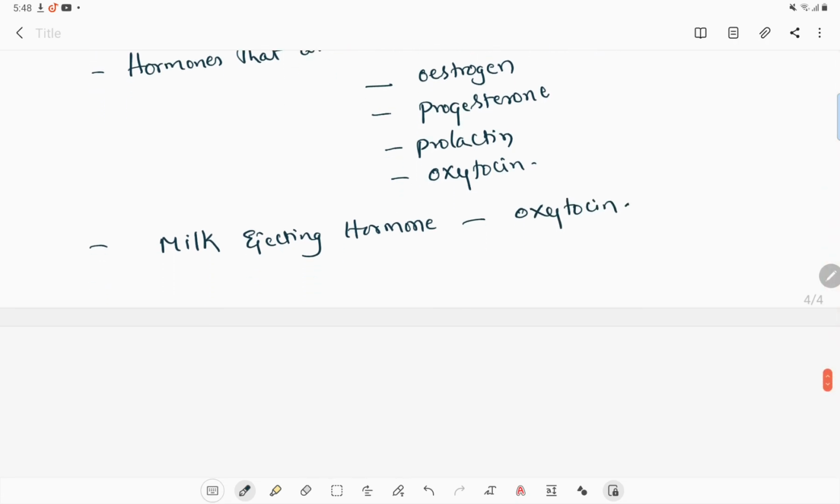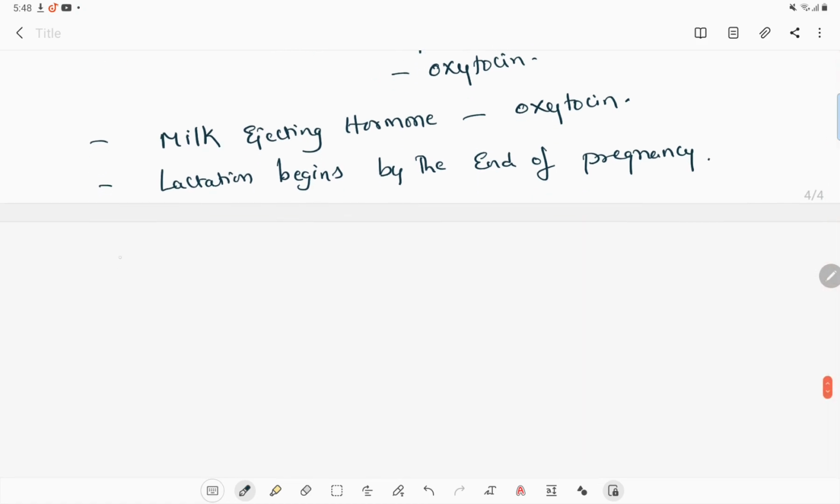When does lactation begin? Lactation begins by the end of pregnancy. Then the period of intense lactation: when does the mother secrete more milk?